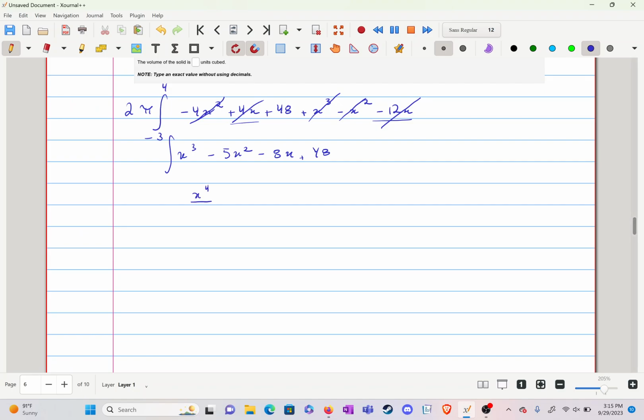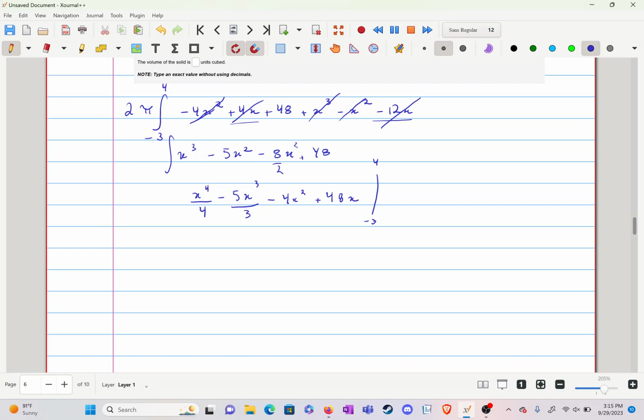x to the 4th over 4, 5x cubed over 3. We have a 2 divided by 2, so that's -4x squared plus 48x. And then now we have all of that from -3 to 4.